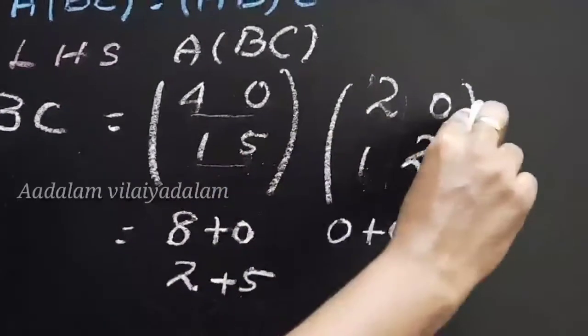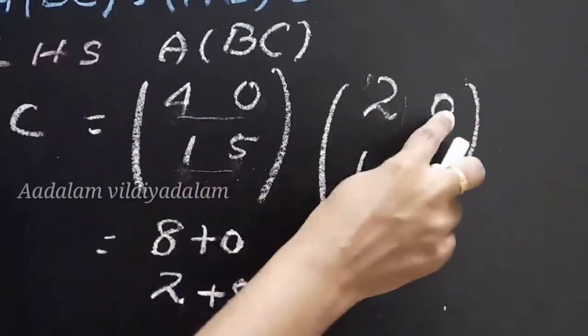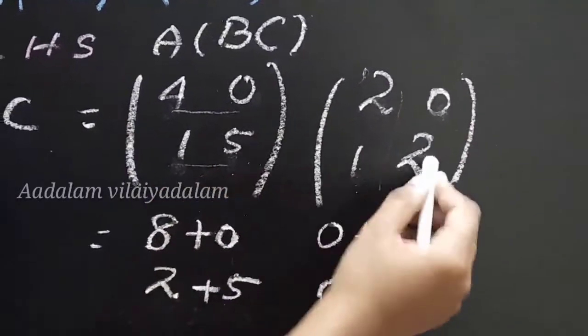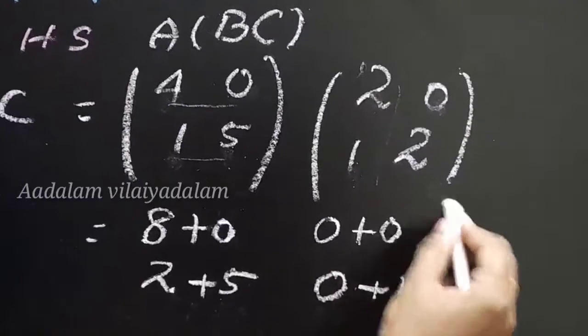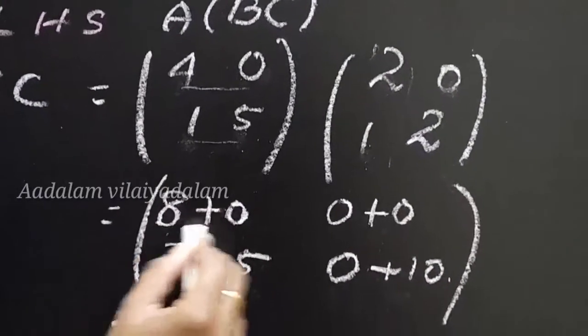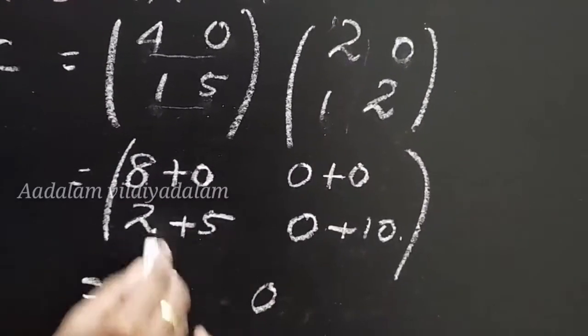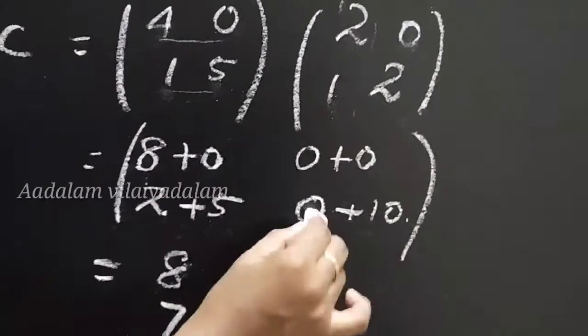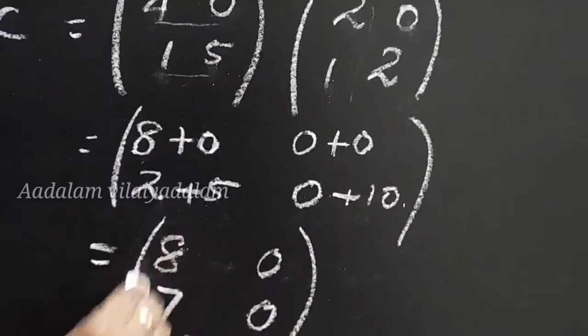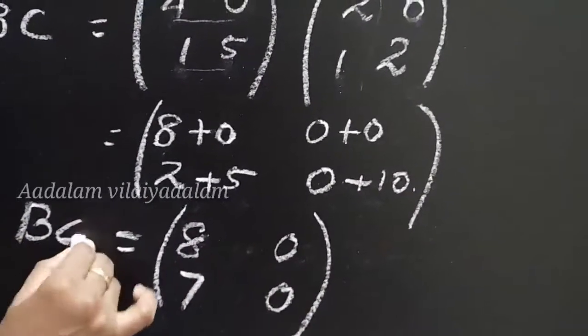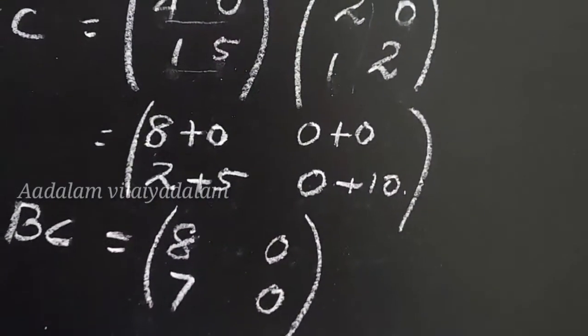Second row, second column, 1 into 0, 0, 5 2s are 10. So the BC value is 8 plus 0, 8, 0 plus 0, 0, 5 plus 2, 7, 10 plus 0, 10. So BC equal to [8 0; 7 10].